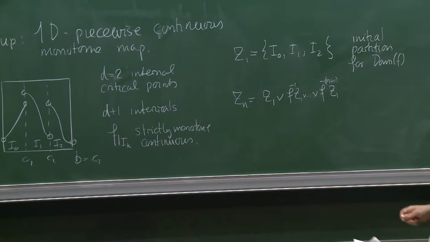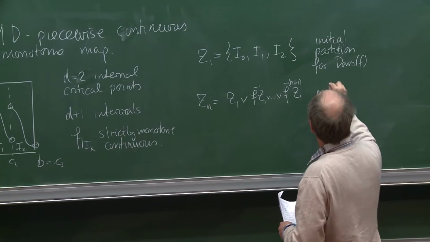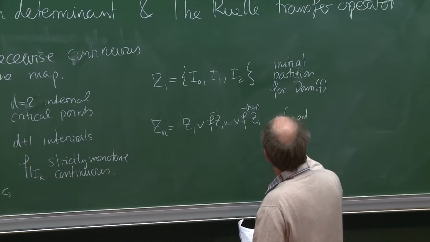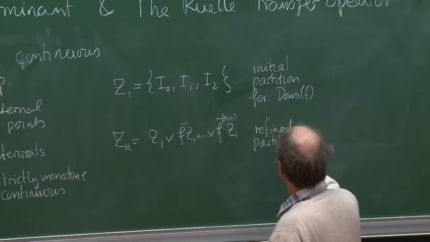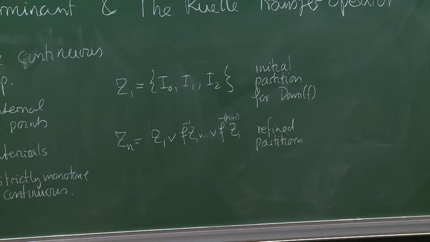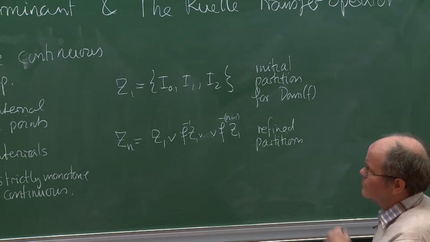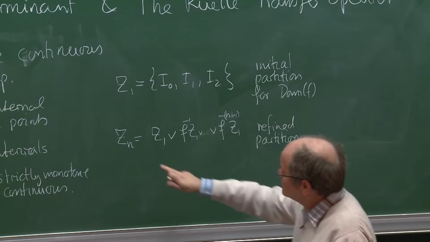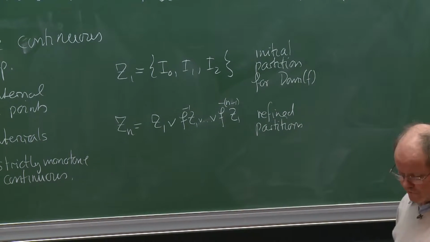So this will correspond to a refined partition. And then one of the topological properties that you can associate with this dynamics is what happens with the number of partition elements as n goes to infinity.